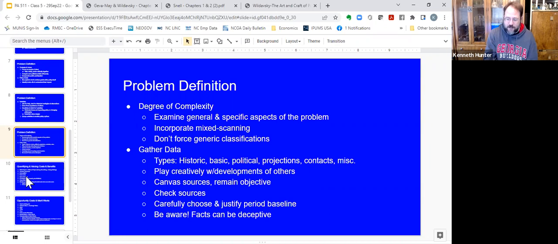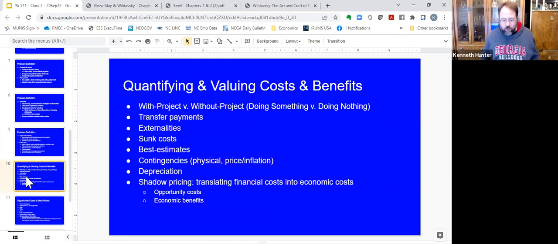So now we're going to go back to Snell, chapter 2, quantifying and valuing costs and benefits. As I talked about before, we have a tendency to always want to do something. But when we're doing cost benefit analysis, we have to be cognizant of the fact that there is always the option of doing nothing.